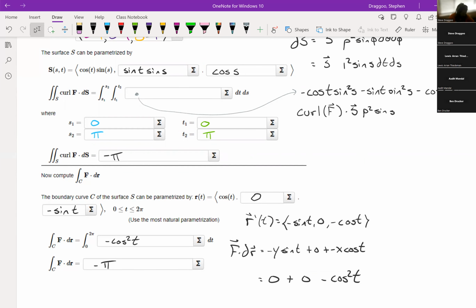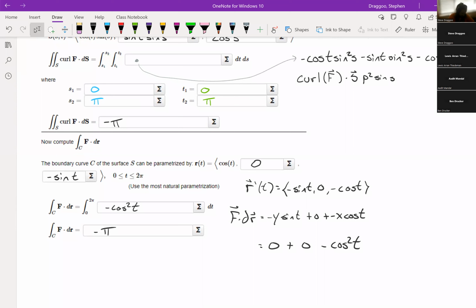The second half asks us to parameterize the boundary curve. And here's another one where we want to be careful parameterizing this boundary curve. I wanted only the right half, and I want to make sure that I have the correct orientation to get through this thing.